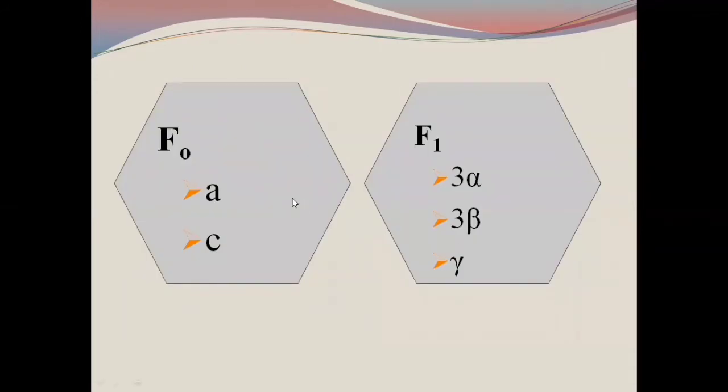The ATP synthase consists of two parts, the F0 subunit and the F1 subunit. The F0 subunit is present inside the inner mitochondrial membrane, and it further has two subunits, A subunit and C subunit. And F1 has three subunits, the gamma subunit surrounded by 3 alpha and 3 beta subunits.